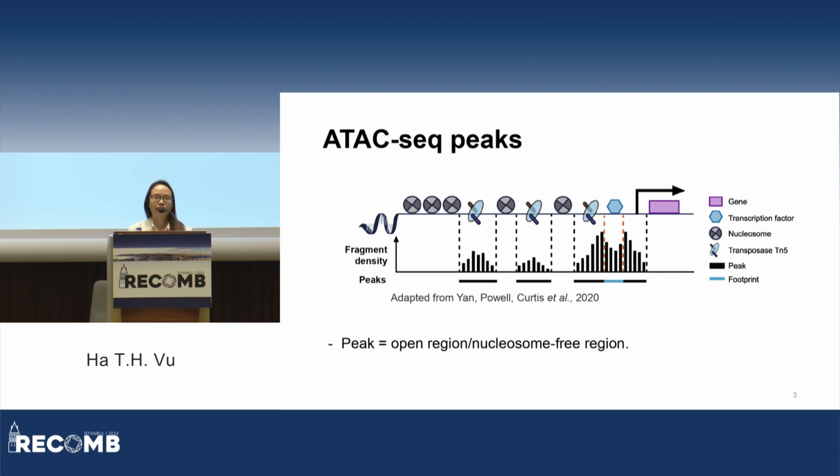The second one that I want to highlight today is ChromHMM ATAC. It relies on a hidden Markov model and was built specifically to model ATAC-seq data. It categorizes reads into nucleosomal classes based on the fragment lengths, and then models each read class with a statistical distribution.